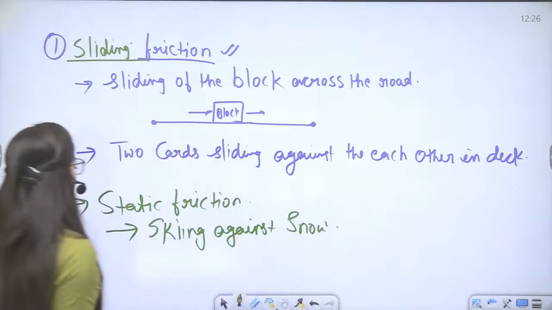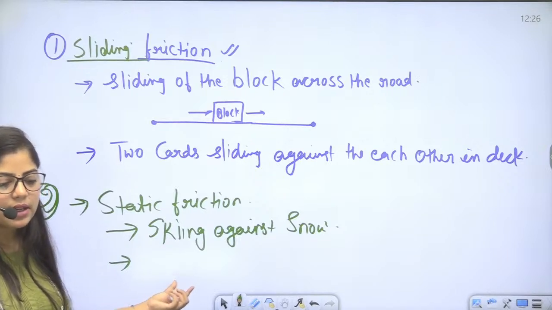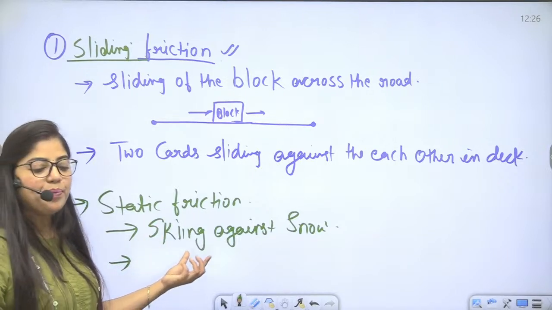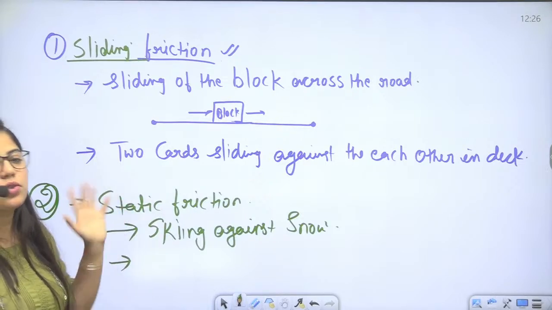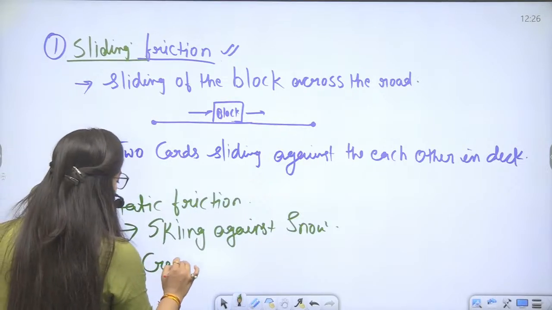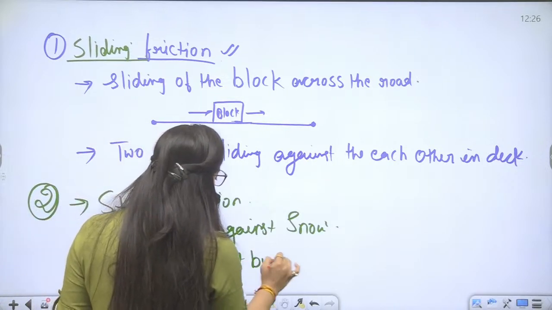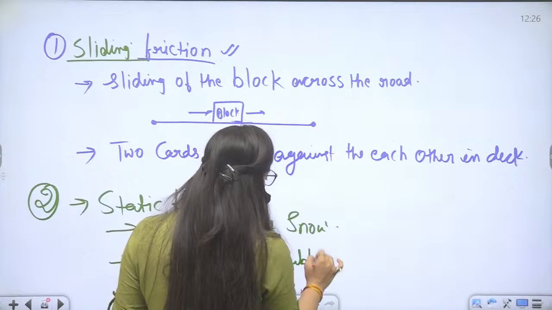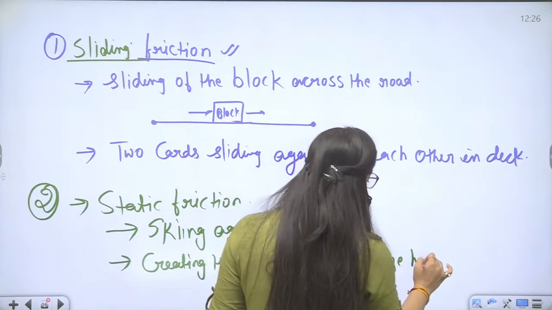This is the example of static friction. Another example of static friction is creating heat by rubbing both the hands together.